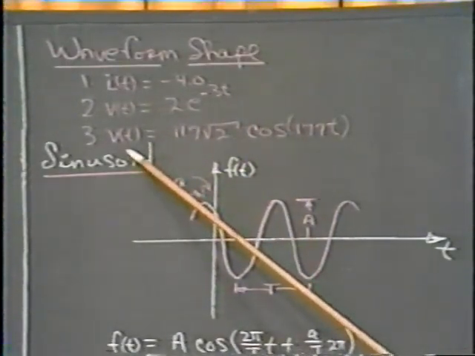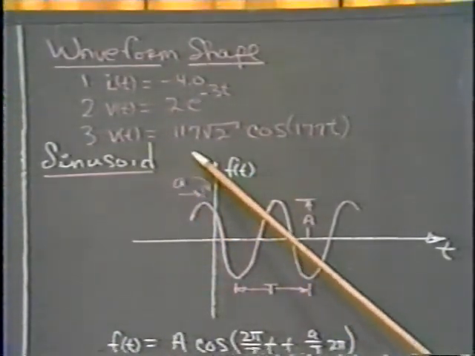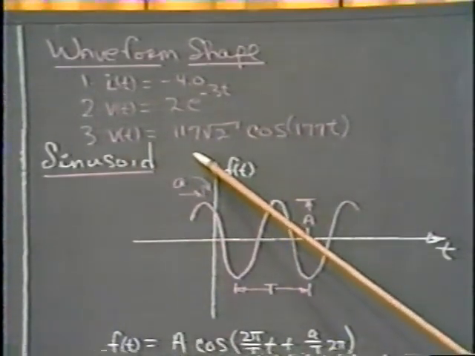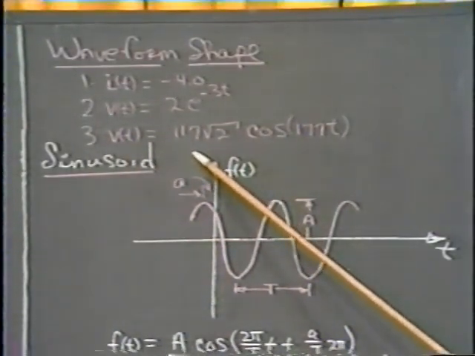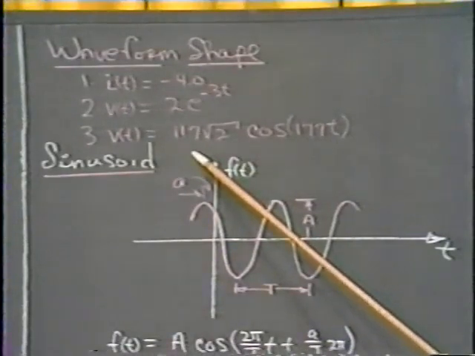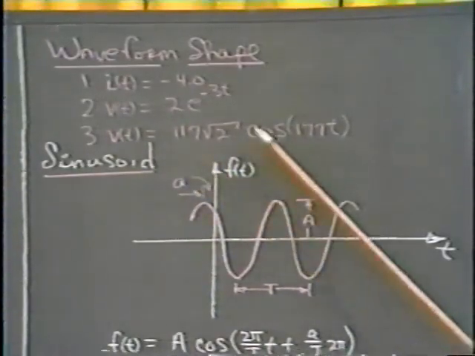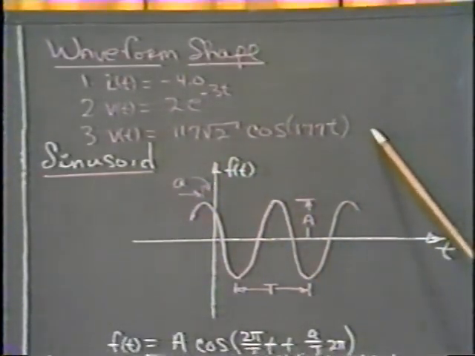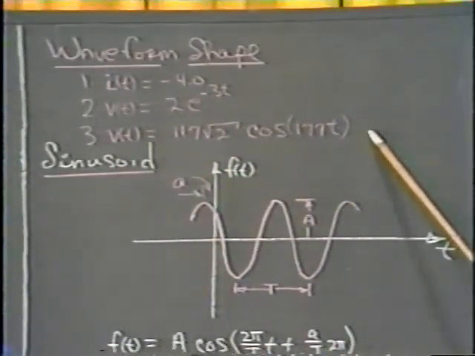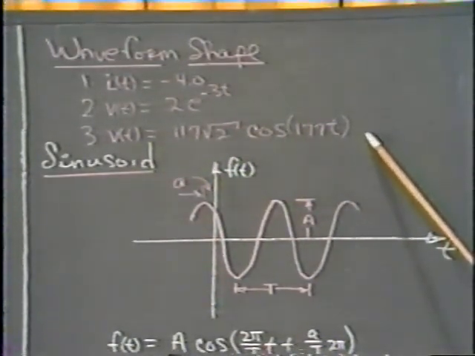The third example, however, is the premier AC waveform that we'll be looking at. That is the sinusoid. In this case, it is periodic, and the shape of the voltage repeats itself again and again with some definite period t. And when we're looking at circuits with this kind of a signal or voltage or current source, we'll term that steady state analysis.